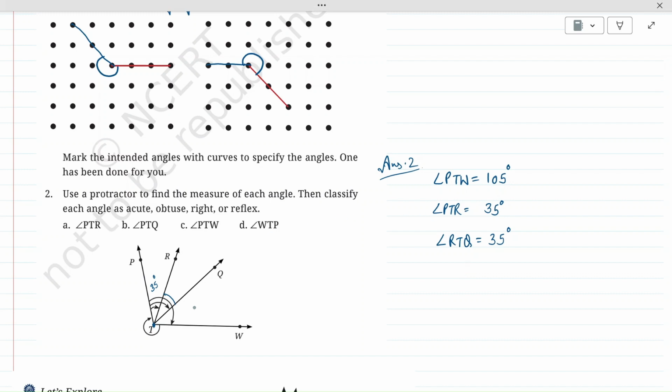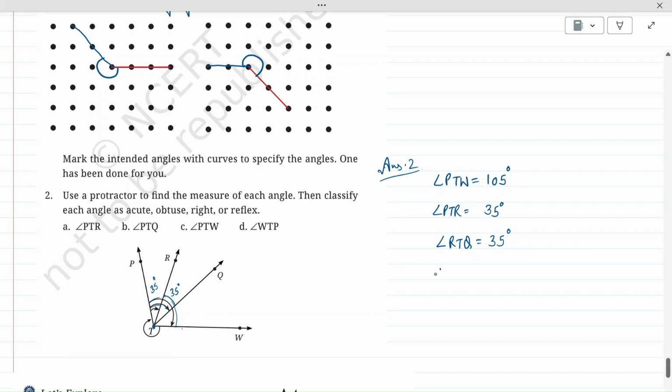Okay. Now this angle is 35, this is 35, and this complete angle was 105. So if I subtract the sum of these two angles, we will get this angle. Correct? See, in this figure, this is our full angle. If from this full angle I subtract this angle and this angle, meaning 70 degrees, from 105 degrees, we will get this angle.